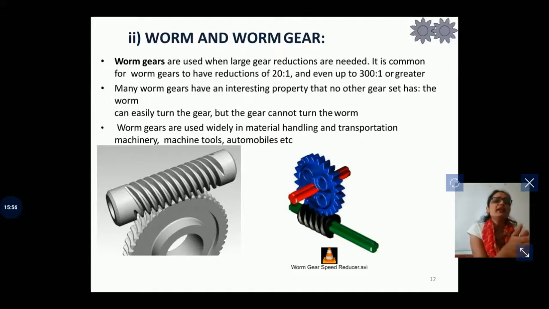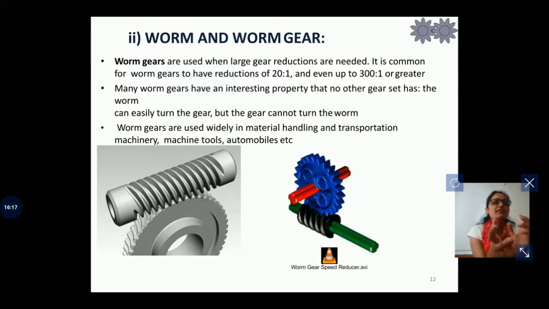The worm and worm wheel is always used for speed reduction. It has a high speed reduction ratio, that is 20:1 to 300:1. Basically worm and worm wheel is used for speed reduction, though it has a high manufacturing cost and manufacturing is too difficult.